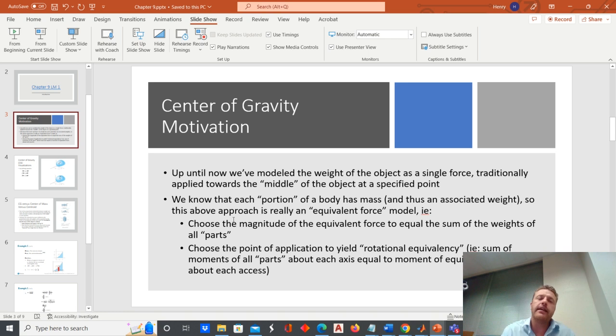And that's something that we've done a lot in the course up until now, particularly dealing with distributed loads on beams. And we know that in order to represent a distributed load as a single concentrated load model, we need to do two things. The first is to determine the magnitude of that vector. And remember that the way we did that is we simply added up all of the distributed force in that case, and we made that equal to the magnitude of the concentrated force.